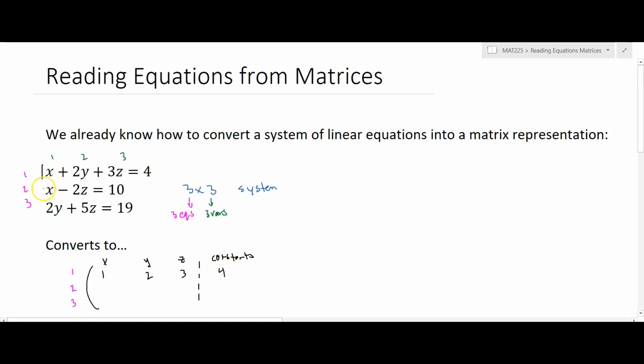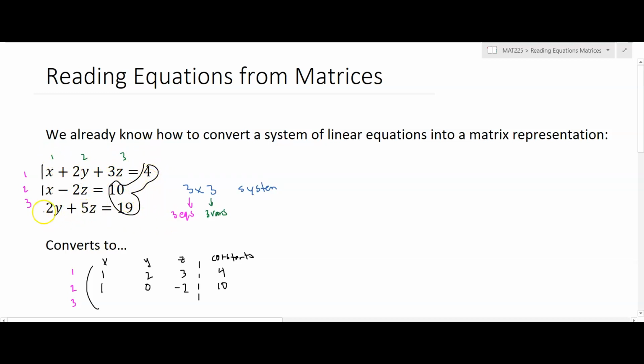And in the second equation, I can see I have a 1x. I do not have any y's in it, so I could always write a plus 0y in here if I wanted to. And I have negative 2 copies of z, and my constant is 10. If these were not all arranged such that we had the constants on the right and the variables on the left, we would have to do some rearranging of the equations, moving things from one side to the other in order to get variable, variable, variable, constant.